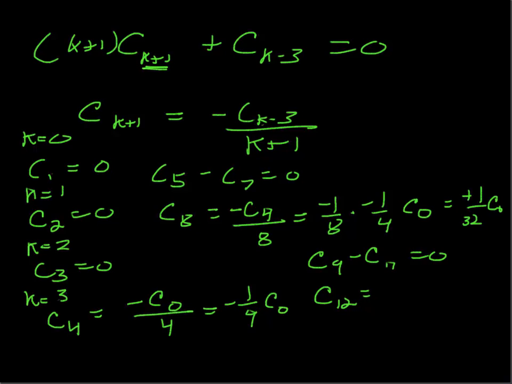C12 is equal to negative, that's going to be C8 over 12, because k is 11 to get C12, which is equal to negative 1/12 times C8, which is 1/32 C0.